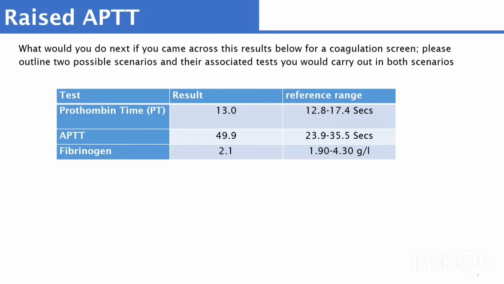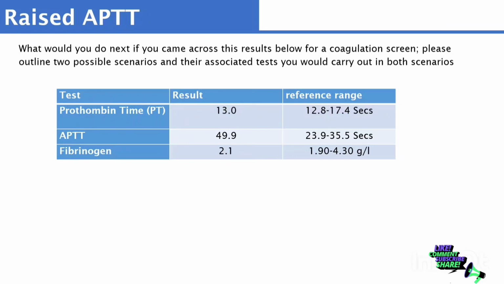I know you may not want to think this way because PT is normal and fibrinogen is normal, but there is nothing wrong with mentioning the possibility of underfilled or clotted samples leading to a raised APTT. Does that make sense? So you might need to check the pre-analytical phase of this patient's result.